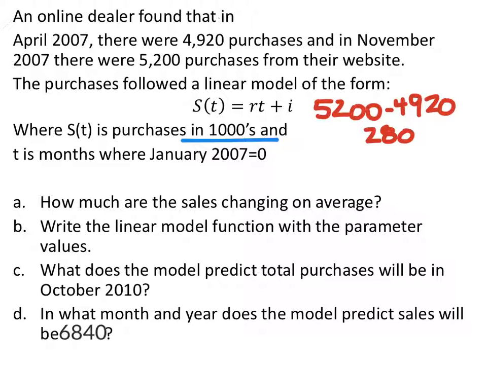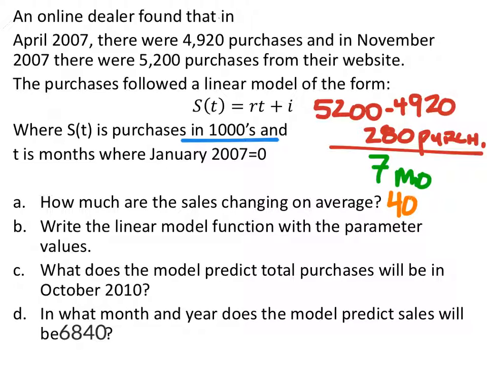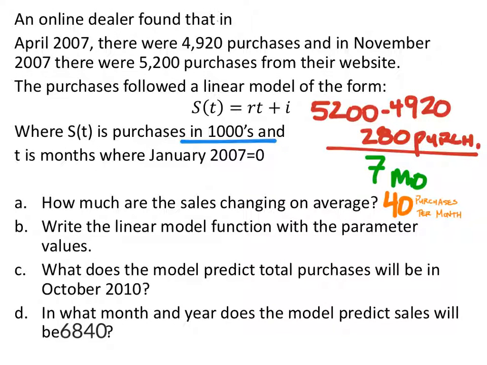So that's 280 purchases, and I counted 7 months. So 280 purchases in 7 months on average. 280 divided by 7 is 40 purchases per month. So we have that labeled properly now, 40 purchases per month on average.